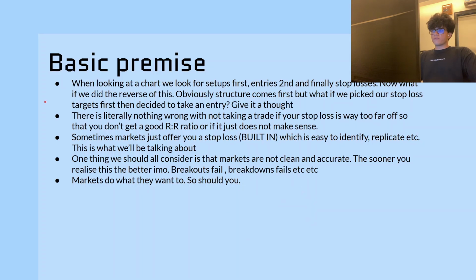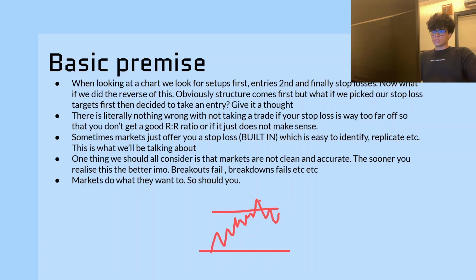So now what if we did the reverse of this? So we only take trades that have a stop loss that we like. So for example, again this is a range, price is trading here, breaks out, comes back in this range, and we feel like it's going to go down, right?